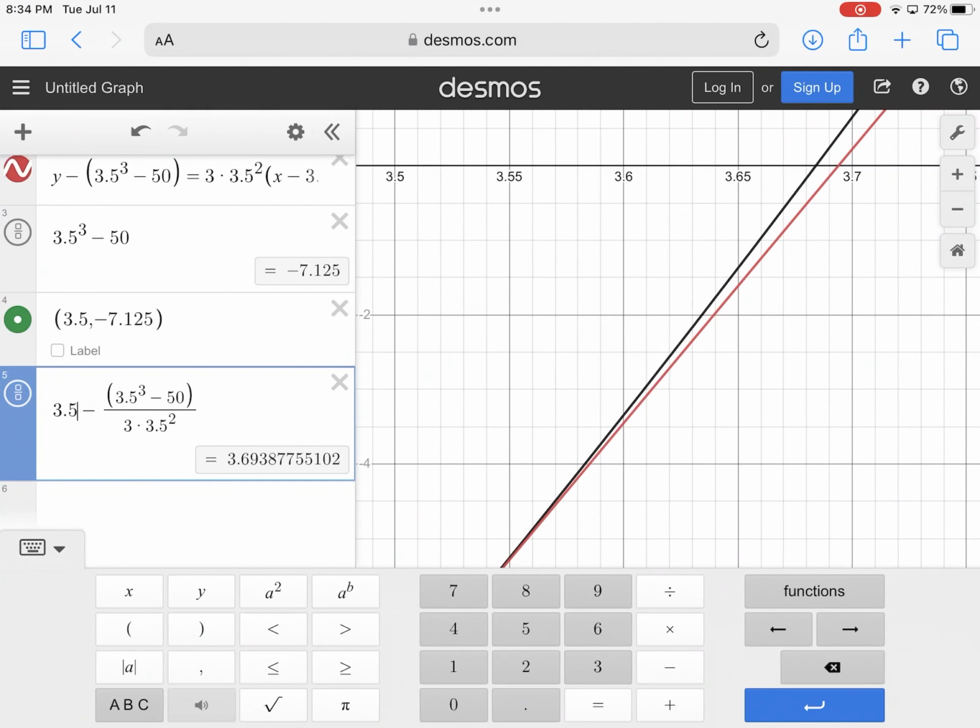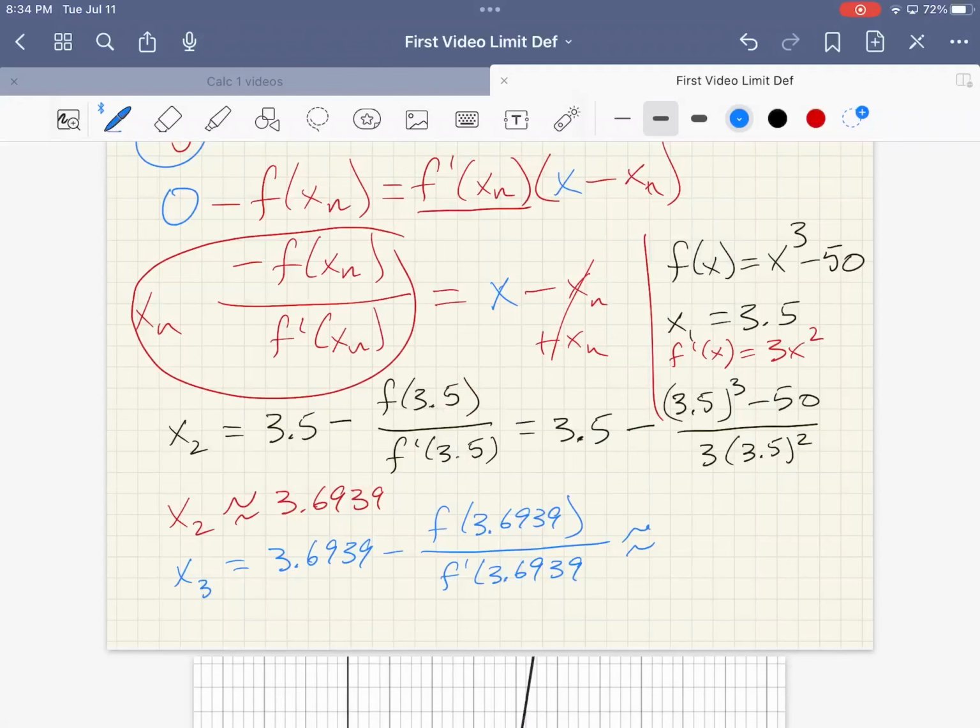We're just going to change all these to 3.6939, and notice we get 3.6841-ish. So 3.684.